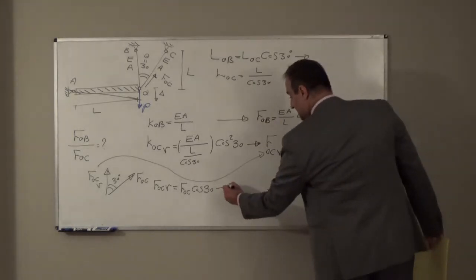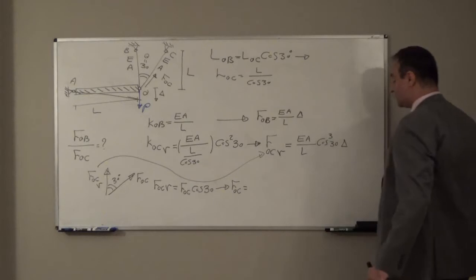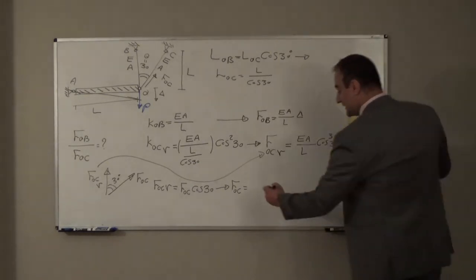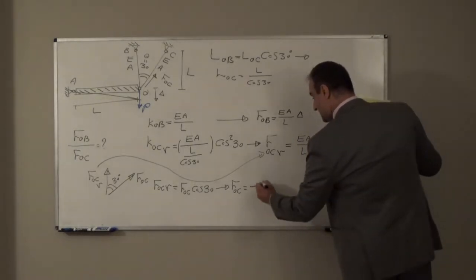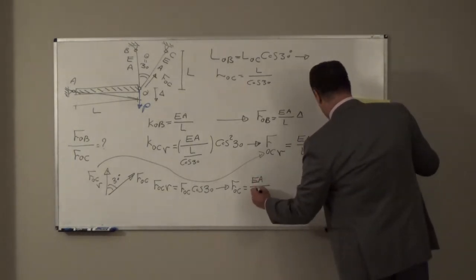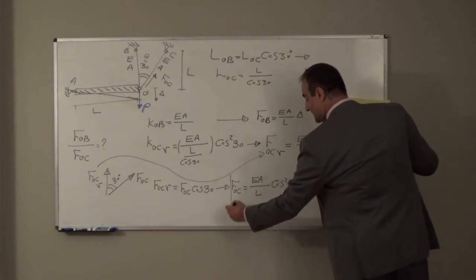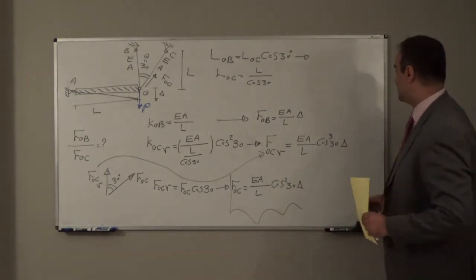From here, FOC will be the vertical component divided by cosine 30. If I divide this by cosine 30, it will be EA over L cosine squared 30 times delta. We have FOB, we have FOC.